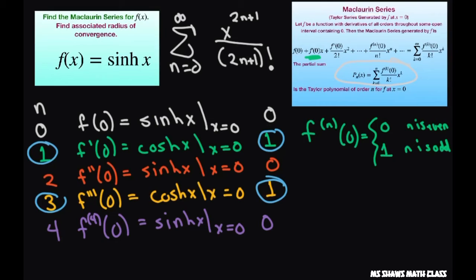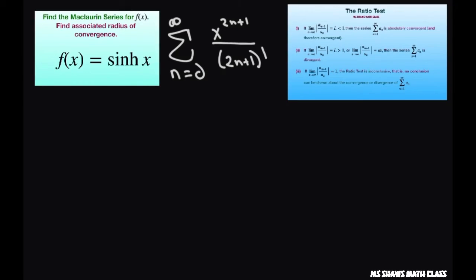All right, so now we're going to use the ratio test, and I'm going to write this again. We have the sum of n equals 0 to infinity of x to the power of 2n plus 1 divided by 2n plus 1 factorial.